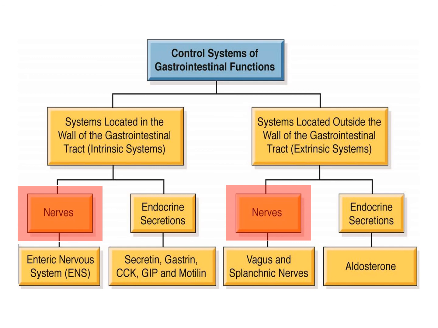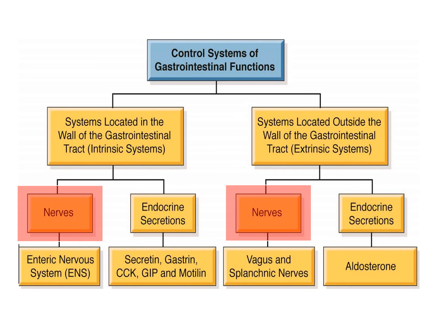We're back to the roadmap that we have from the beginning of these lectures. The roadmap that divided the control systems of the gastrointestinal tract into two systems. One that is located inside the gut wall, we call that intrinsic, and one that is located outside the gastrointestinal tract, and we call that extrinsic.